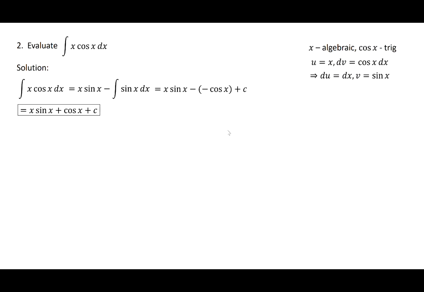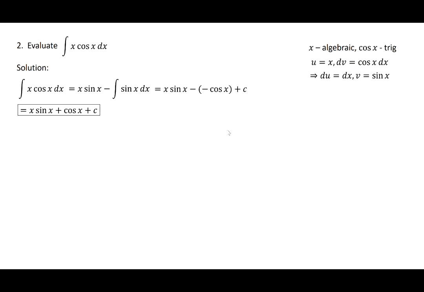And so our solution: the integral of x cosine x dx is uv minus the integral of v du. uv is x times sine x, minus the integral of v du, sine x dx. And what is the integral of sine x? Negative cosine x. So x sine x minus negative cosine x, and that's x sine x plus cosine x plus c.